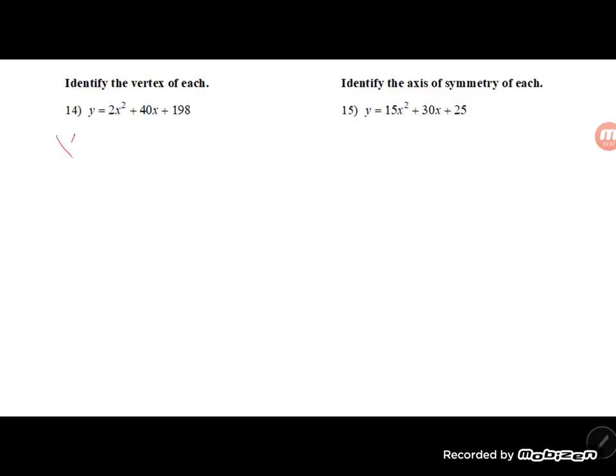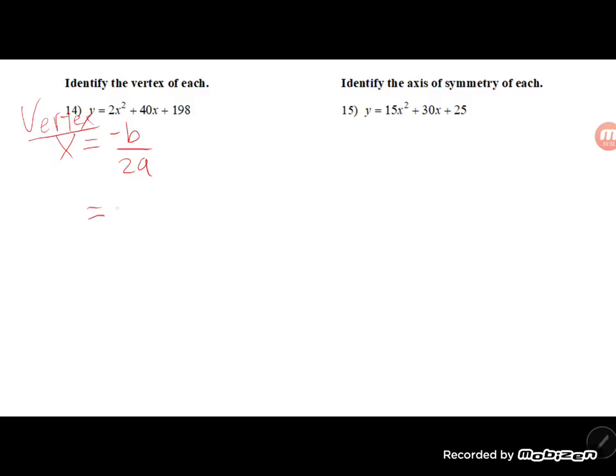I'm going to use x is equal to negative b divided by 2a, and that finds me the x value of the vertex. That's just an equation that we have. There is good reason for it. We haven't discussed it, but this is always going to find the x value of a vertex when something's in standard form.